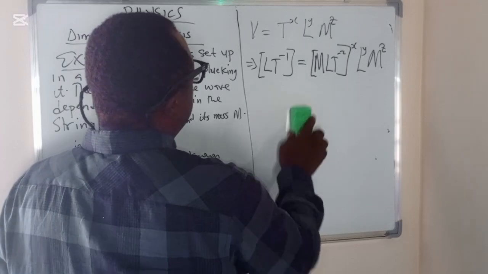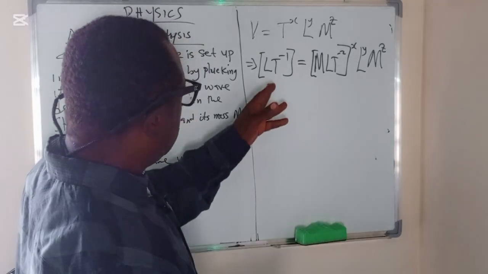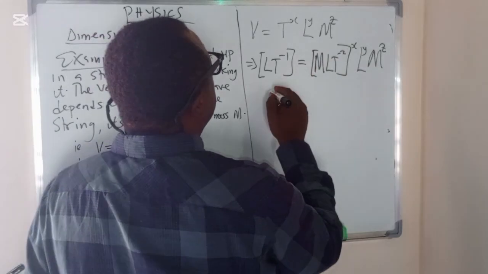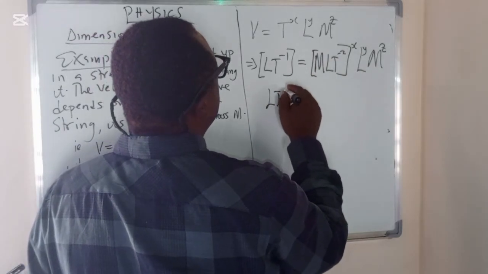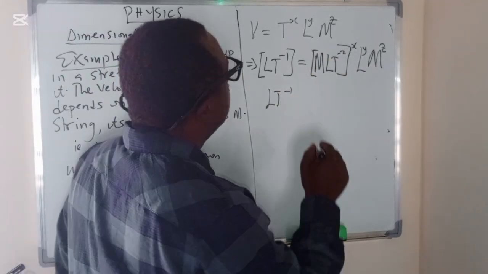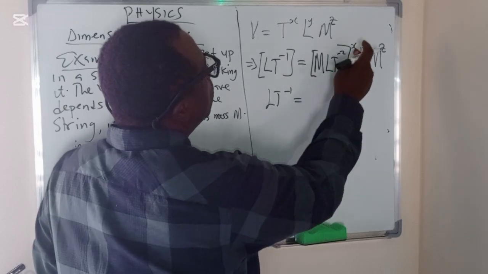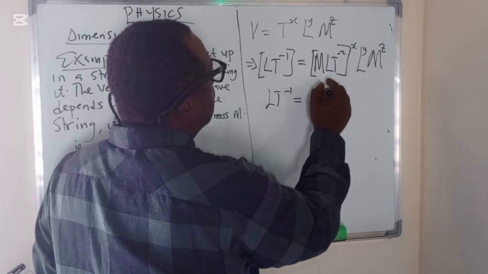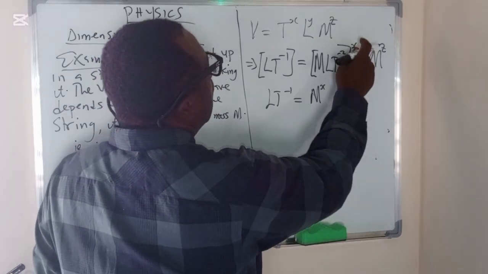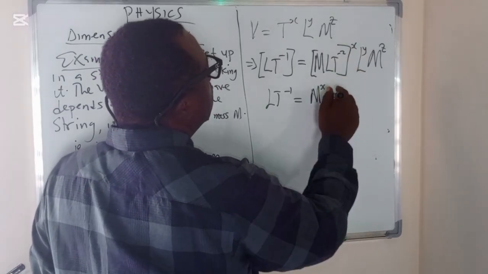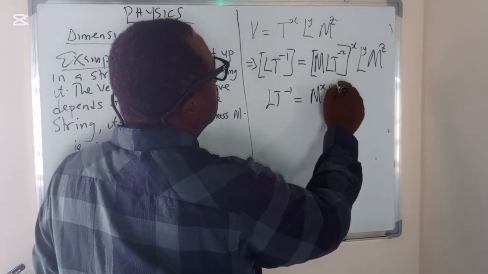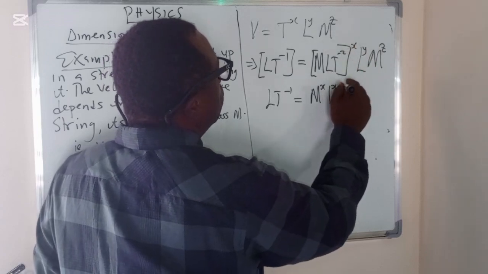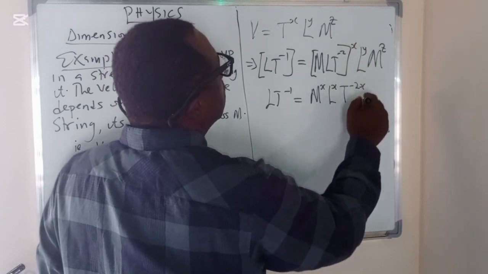So it becomes simple. We open the bracket, we have L T raised to power minus 1 equal to x multiplied by M is M raised to power x. x multiplied by L is L raised to power x. x multiplied by T raised to power minus 2 is T raised to power minus 2x.